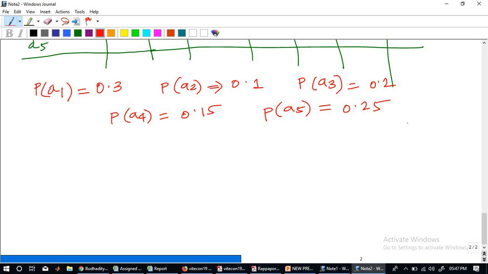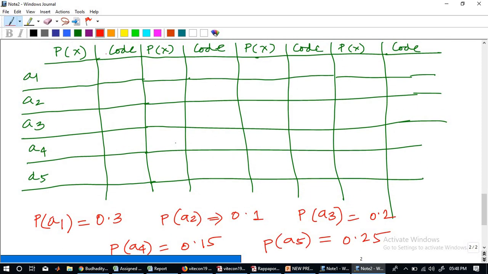So is the order correct? The order should be A1, A5, A3, A4, A2.